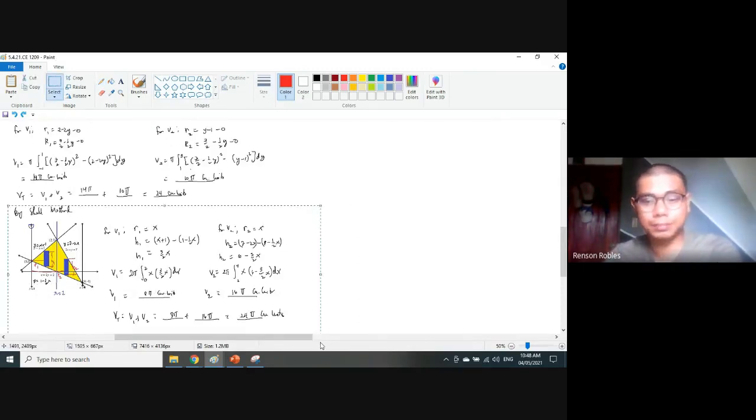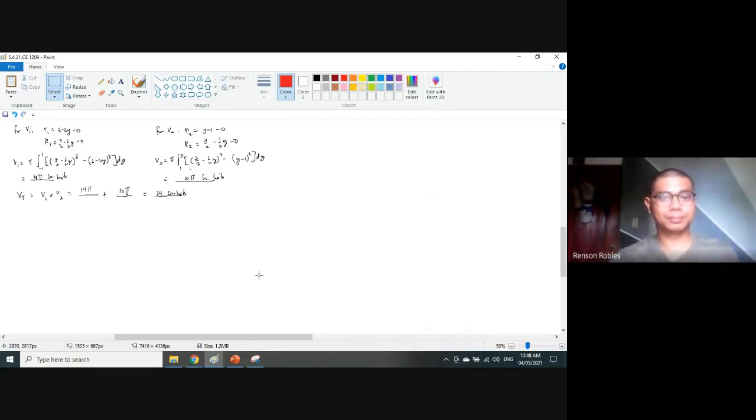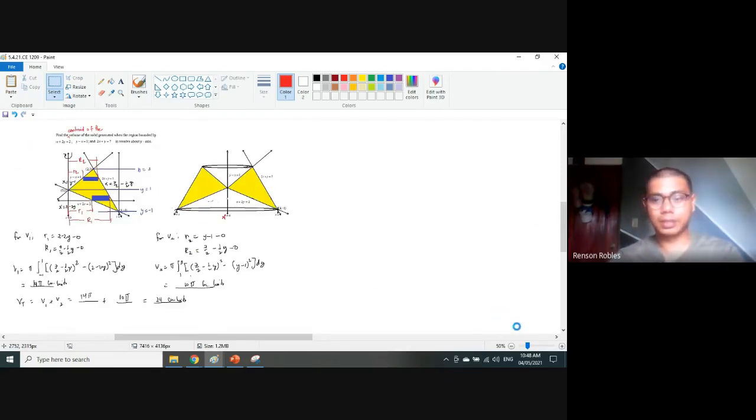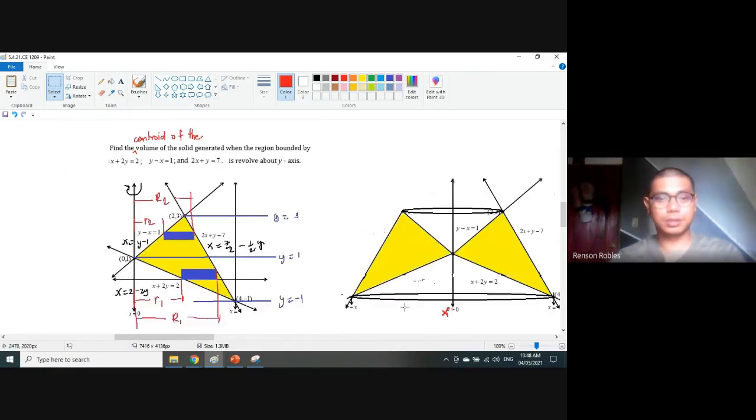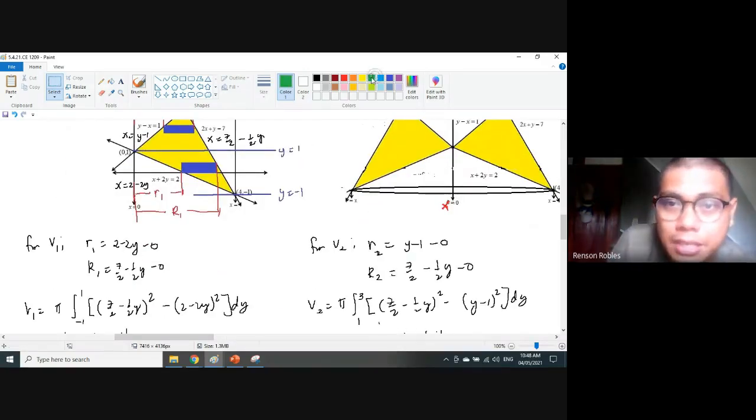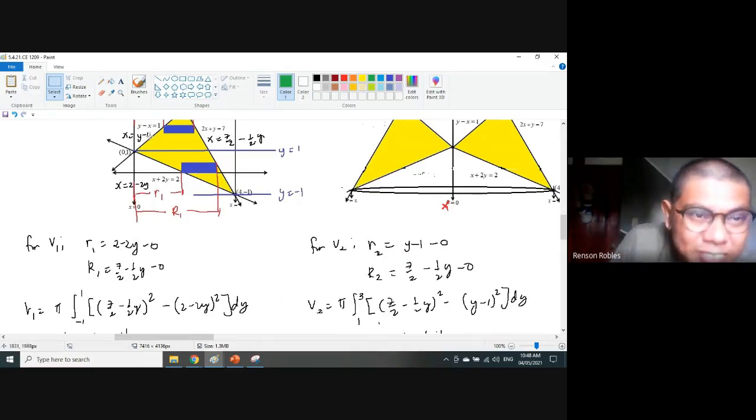Just erase this part. You'll have 2 centroids. For this one, I'll use green. This is C2 and this is C1. This is your XC1 and this is your YC2, sorry. And this is your YC1.